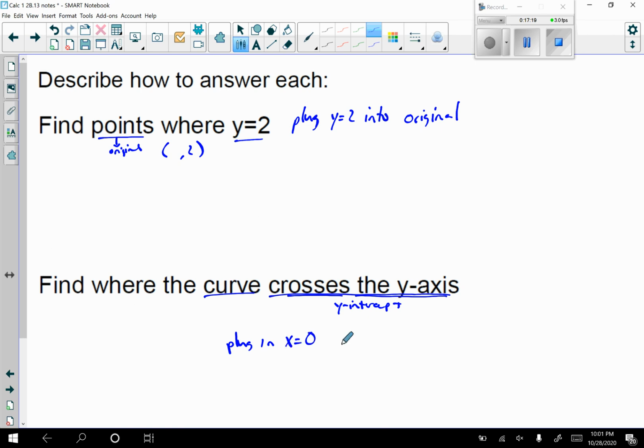Plug in 0 for x. But remember, we have a lot of different equations we've looked at, so we need to be specific. We're finding a point here, so in the original equation. So know where to plug in. Cross the y-axis, y-intercept. Plug x into the original.